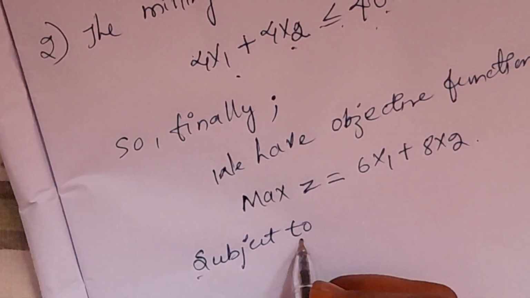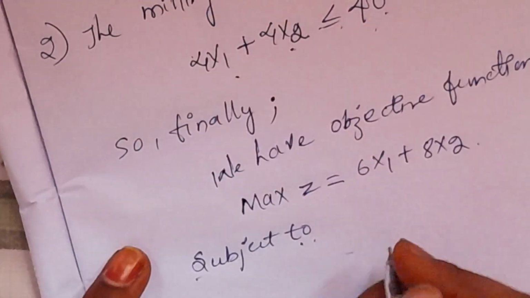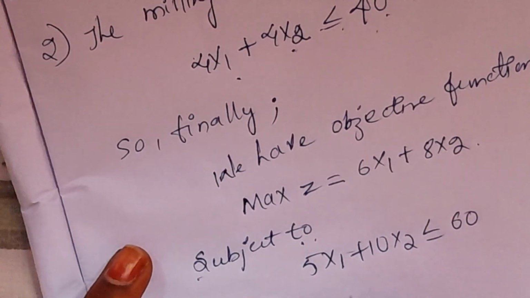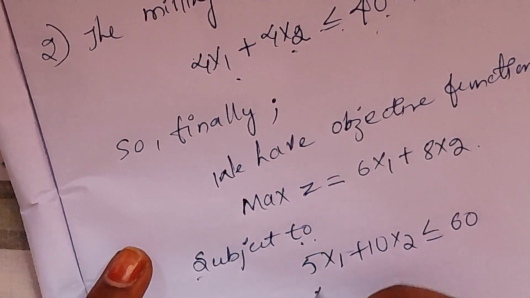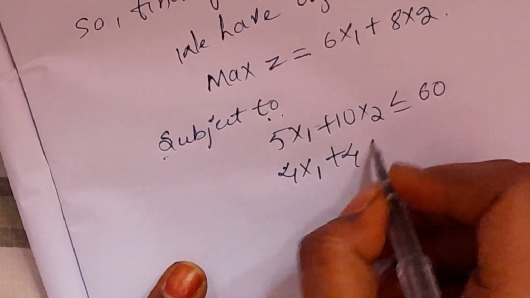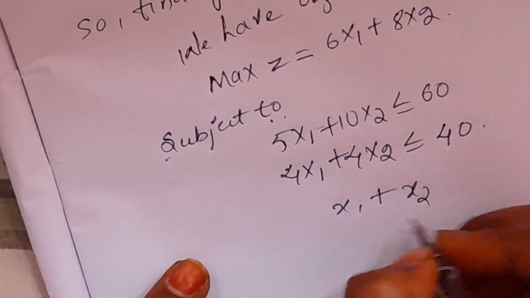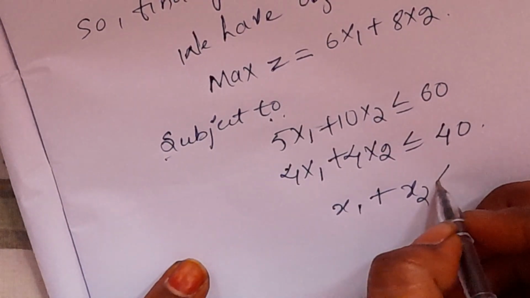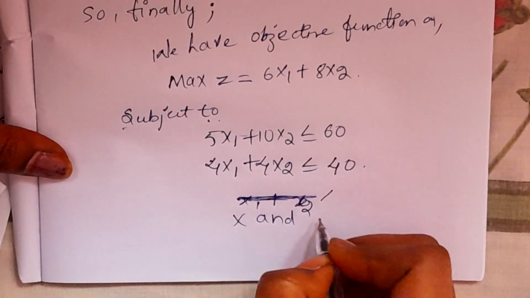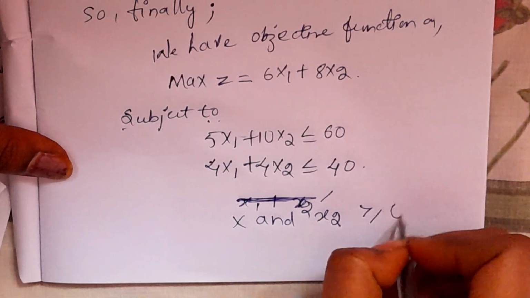We have to write this compulsory, subject to, the constraints of lathe and milling machine. 5x1 plus 10x2 less than or equal to 60, and next milling machine has 4x1 plus 4x2 less than or equal to 40 hours, and last x1 and x2 greater than or equal to 0.